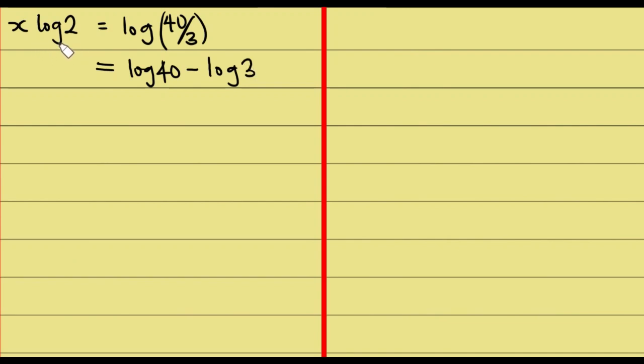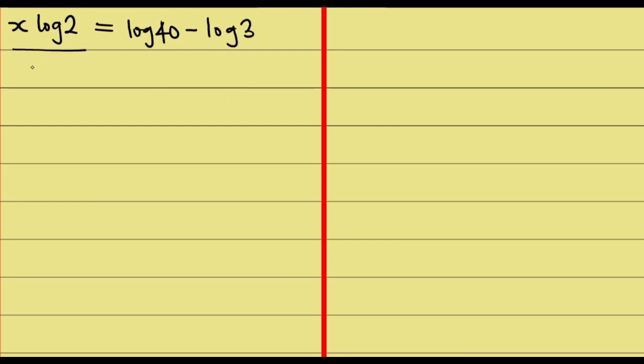And we're going to divide both sides by log 2 so that we can have the x we're looking for at the left hand side here. So dividing this side and this side by log of 2 so as to eliminate this. So we're going to have this divided by log of 2 here, then the whole of this divided by log of 2 here. Mission accomplished. This cancels this.